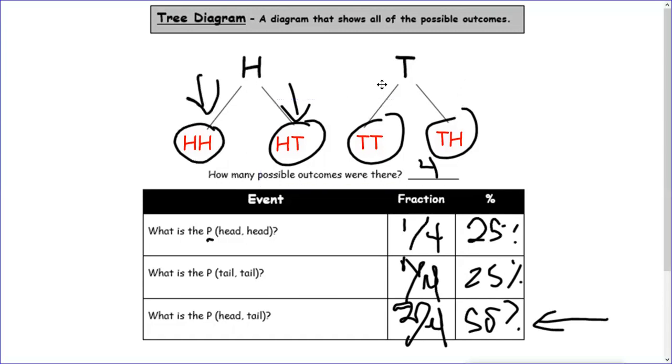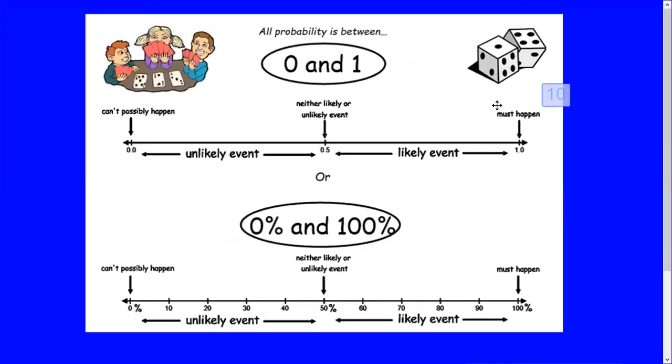Let's take a look at another example here. Well, first I wanted to mention this. All probability is between 0 and 1, or 0 and 100%. If the probability of something is 0, it cannot possibly happen. There's no way it can happen. If the probability of something is 1 or 100%, it has to happen.